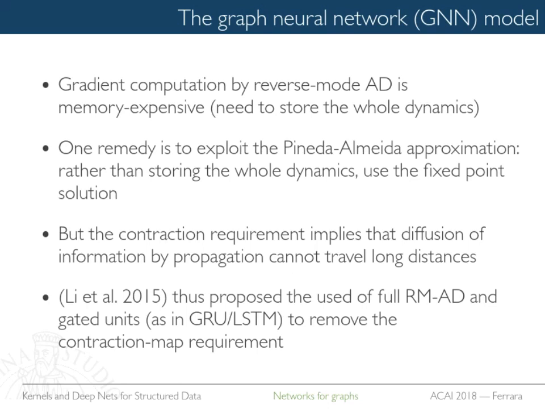Instead of looking at the evolution of the embeddings over the iterations, you keep the last one and you pretend everything is the same and you compute the gradients. It's an approximation, but somehow it still works. Okay? And so that's what I did. Other people have observed that contraction implies a problem.